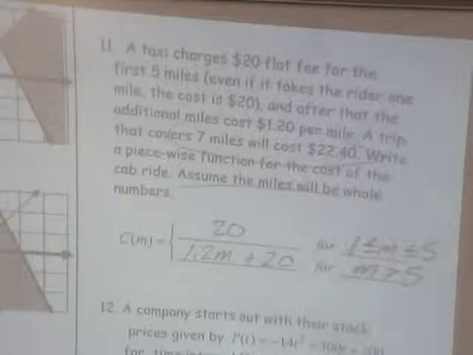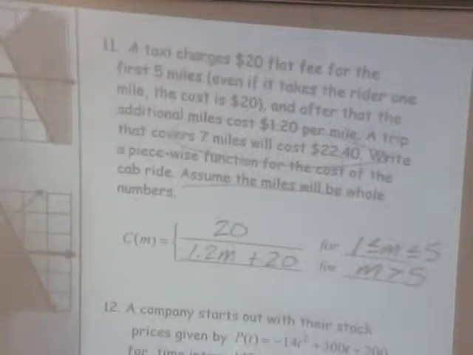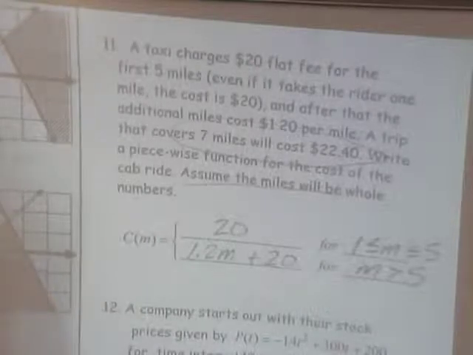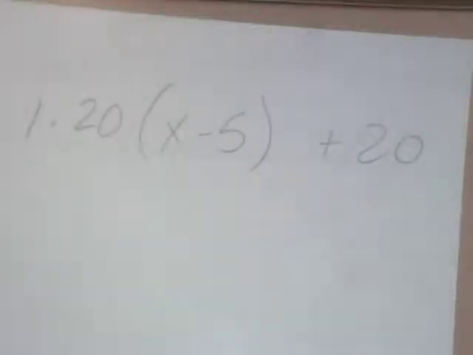So what do we do? In our equation, what are we doing? We're charging $1.20 for those first 7 miles, aren't we? We're not supposed to start charging until that 6th mile, right? So look at Eric's equation.